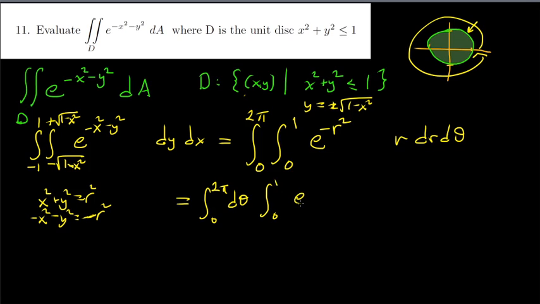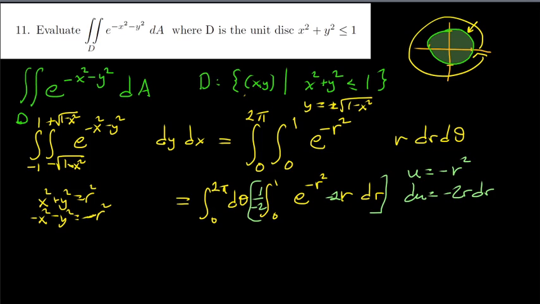Okay, so this is not exactly trivial with respect to r. It does require a little mini substitution here. So u is negative r squared. Du is going to be negative 2r dr, so we need to multiply by negative 2 and divide by negative 2.